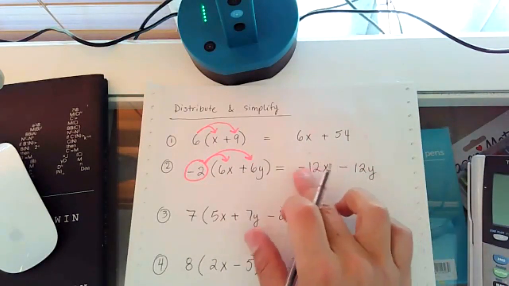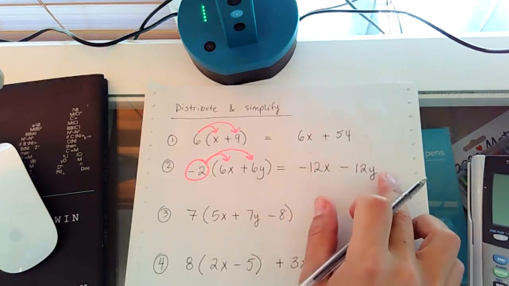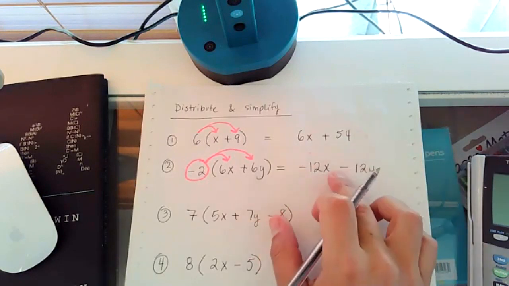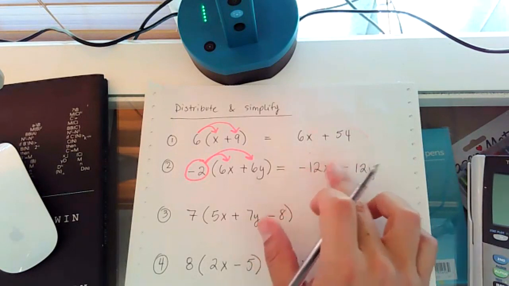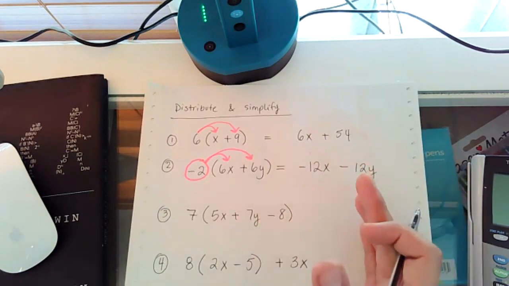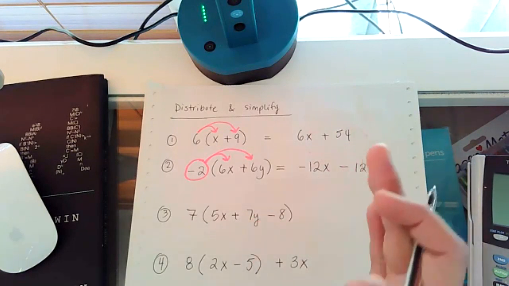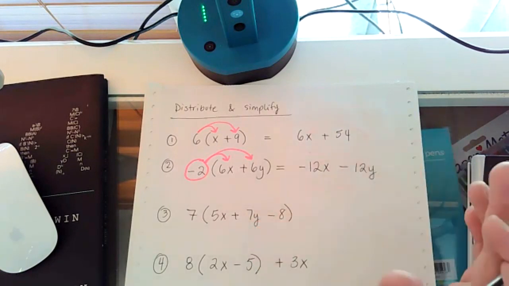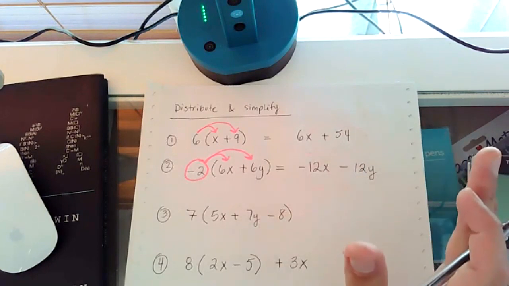Okay, did anybody run into any issues there? You could write negative 12x plus negative 12y, but having a plus and a minus sign next to each other is just too complicated. So we'll just drop the plus and call it a negative, or just call it minus.